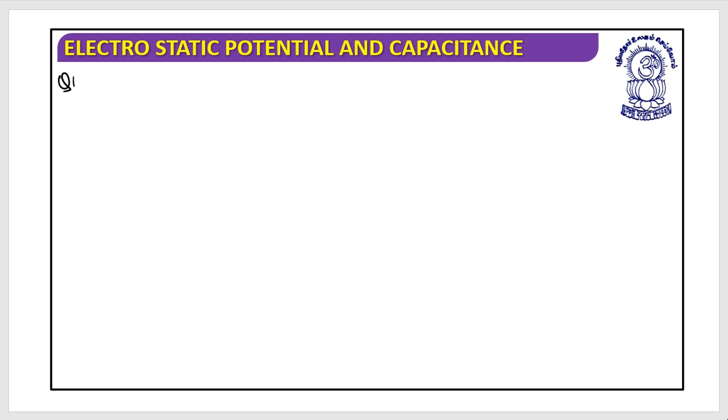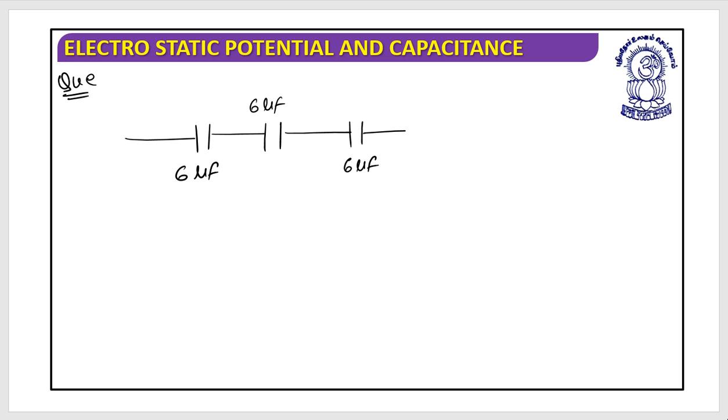Let's look at the question. Suppose they have given something like this: 6 microfarad, 6 microfarad, 6 microfarad. This is the point A and this is the point B, and this is not yet complete. Yes, they have connected this.